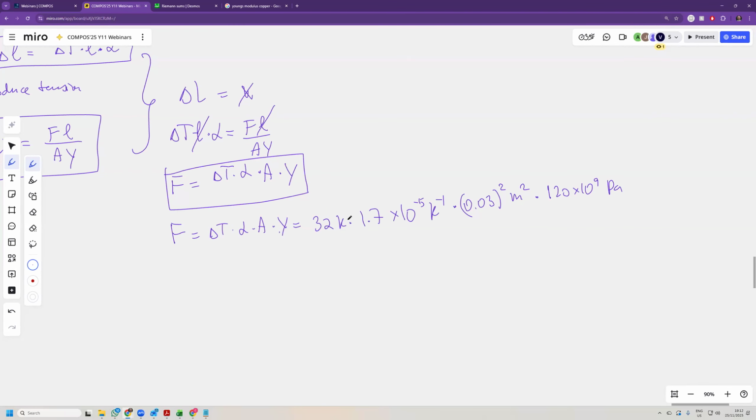And you can see that Kelvin cancels out. Pascal is Newton per meter squared, so meter squared cancels, and you are left with newtons. And that is just 32 times 1.7 times 10 to the minus 5 times 0.03 squared times 120 times 10 to the 9.